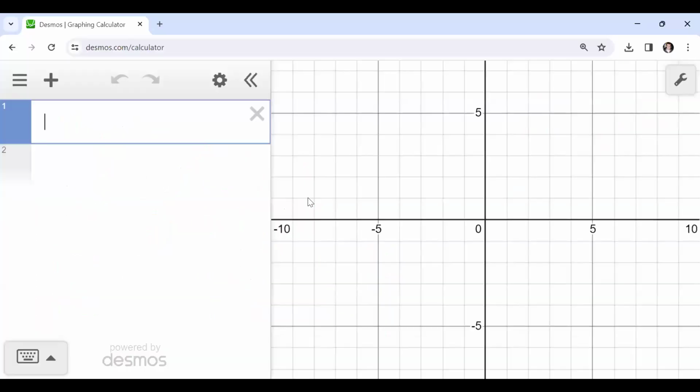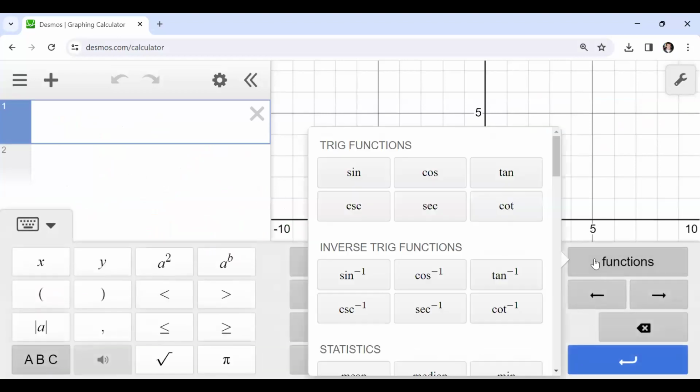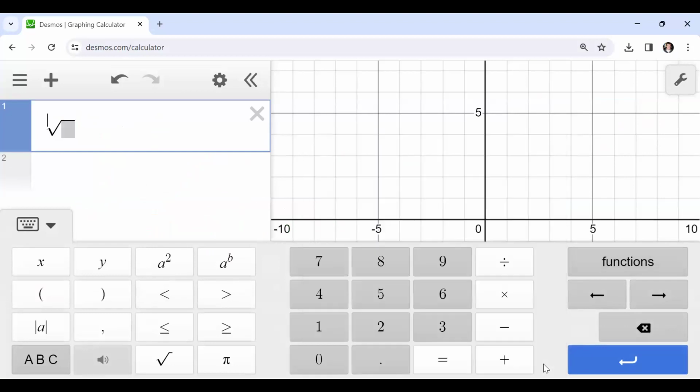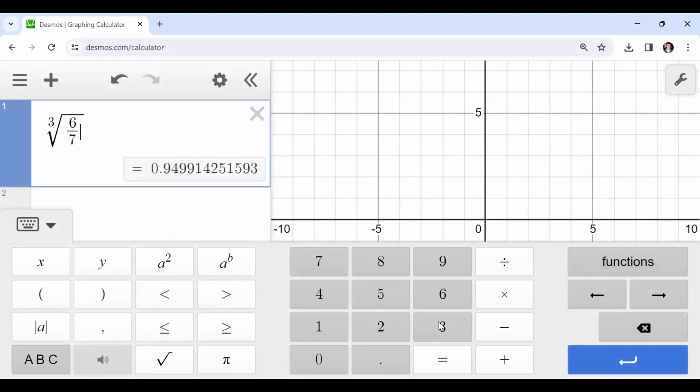So here on Desmos, I'm going to find the decimal value for this. I can do this by pulling up my functions here, scrolling all the way to the bottom and using this one with the nth root. So I'm going to find the cube root of 6 over 7, and it looks like this is 0.9499.